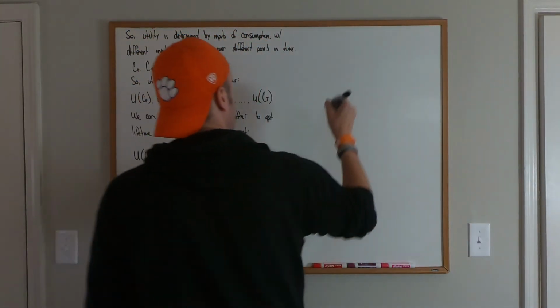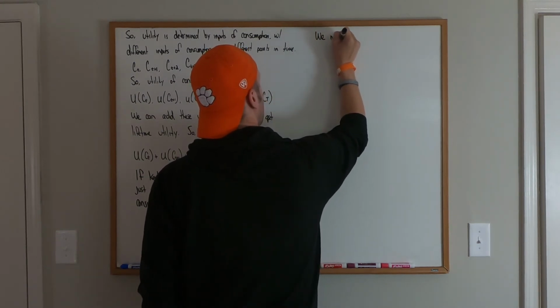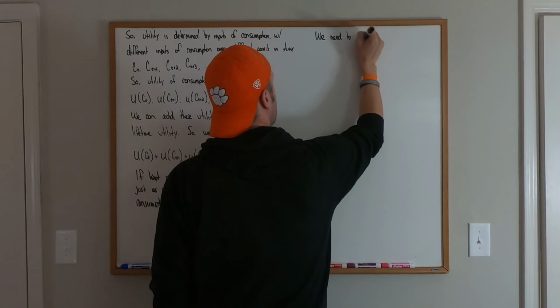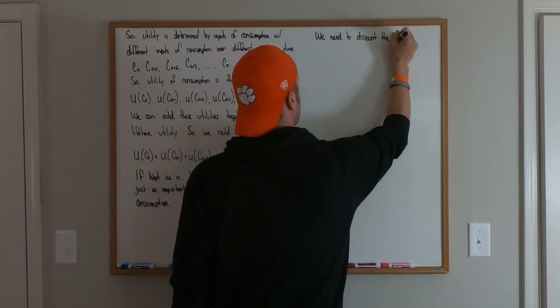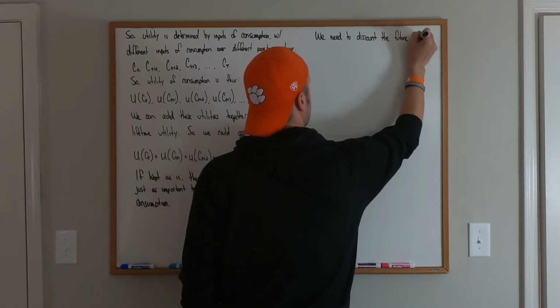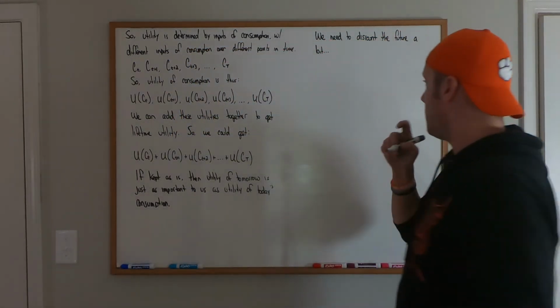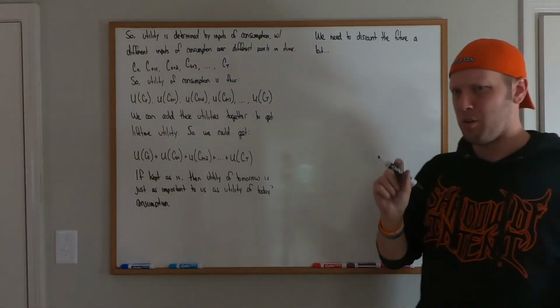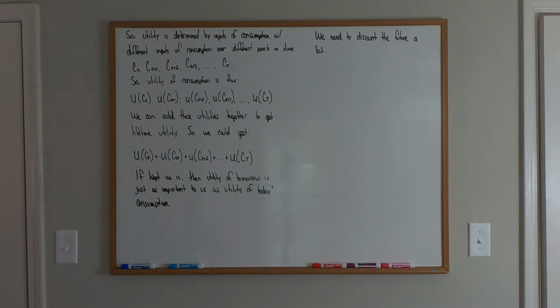So to do that, we need to discount the future. We have to discount the future a bit. Not much, just a little bit. Just enough to make sure tomorrow is not as important as today is.